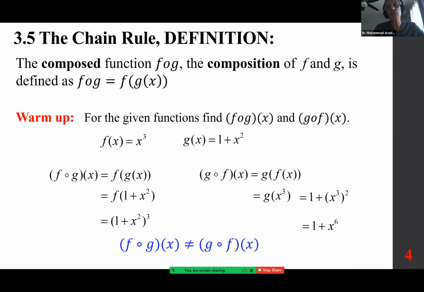If we have two functions that are inverses of each other, f of f inverse equals f inverse of f equals x. If two functions are inverse functions, their composite function in any order becomes x, because they undo each other.